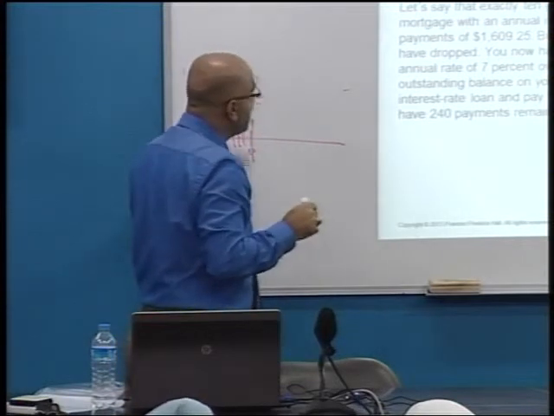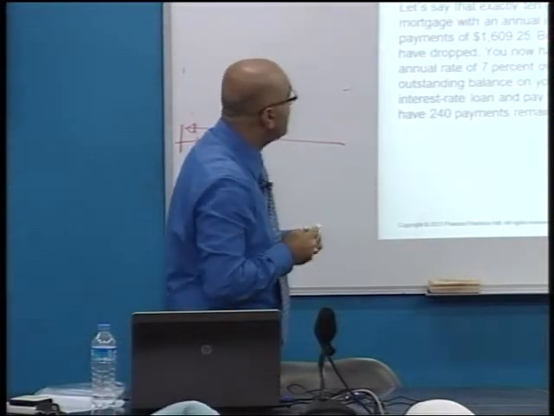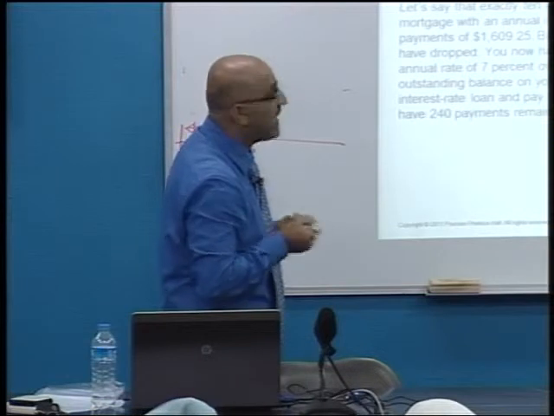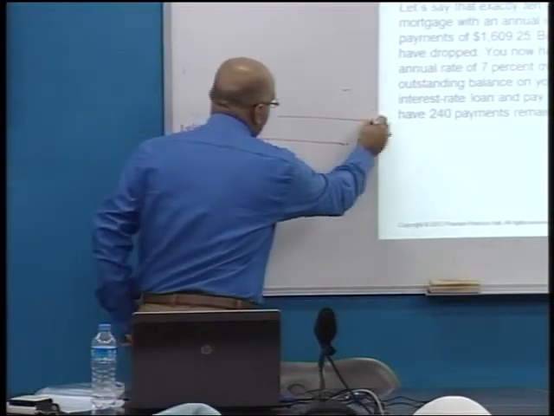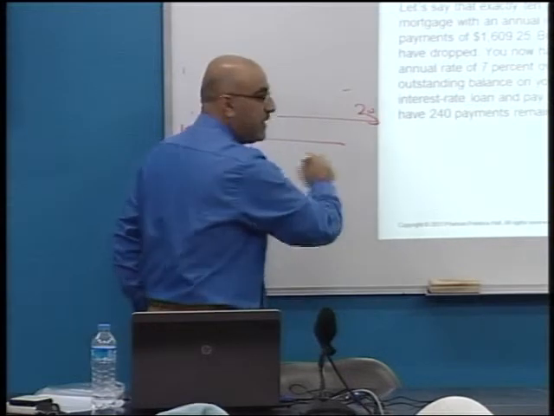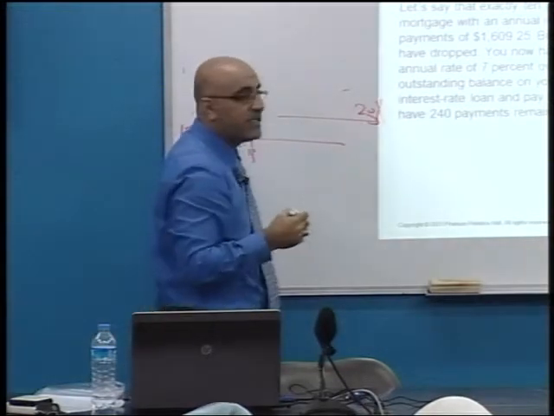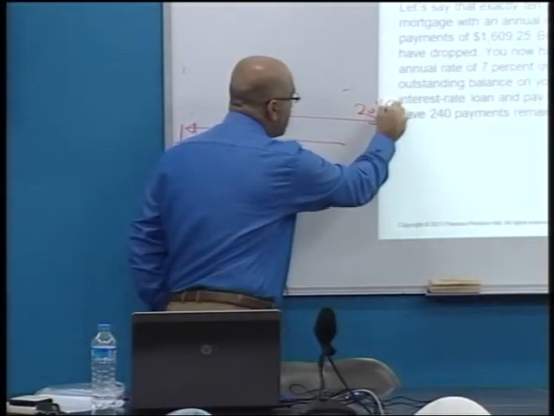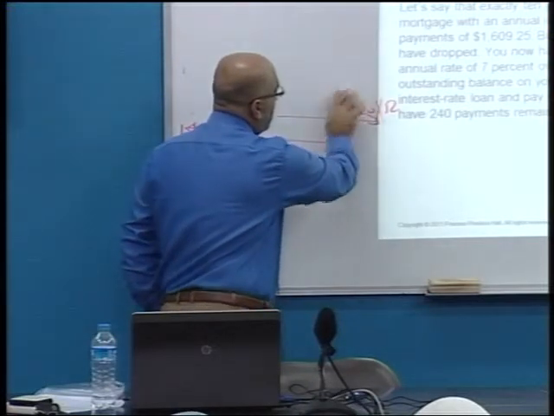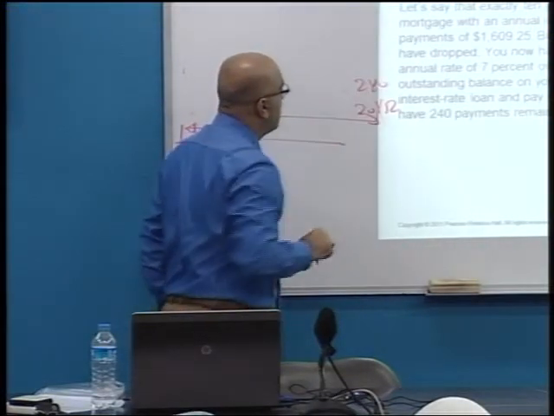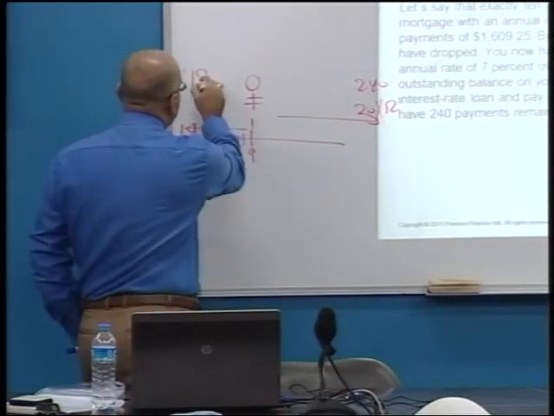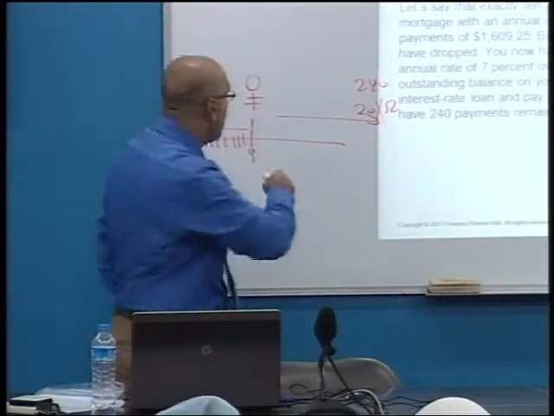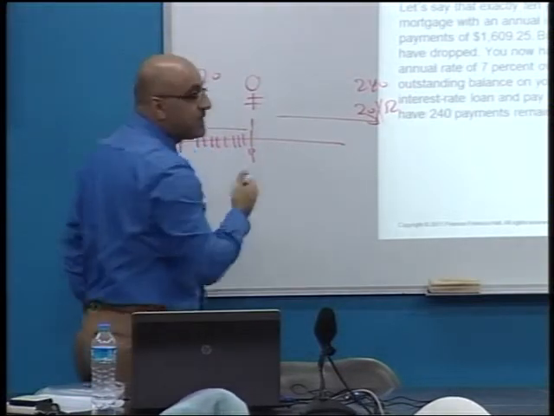So 10 years passed, and we have 20 years left. 20 years, because we calculate based on monthly payments. So we have 240 months, and here we have 120 months paid, 120 months left.